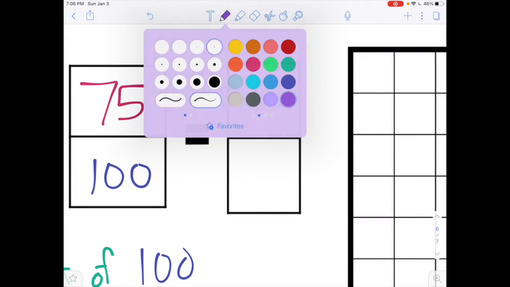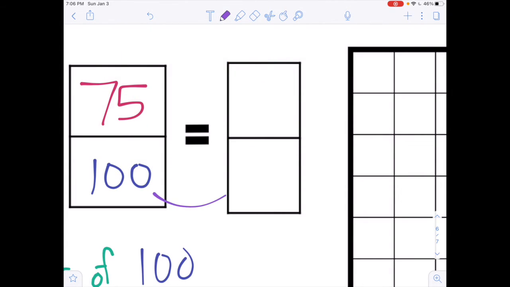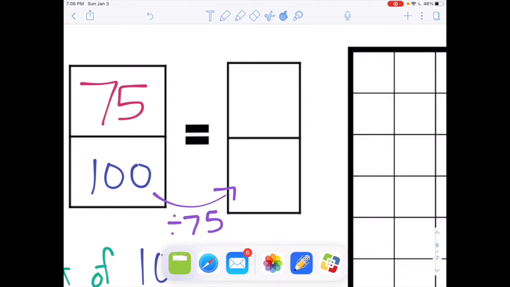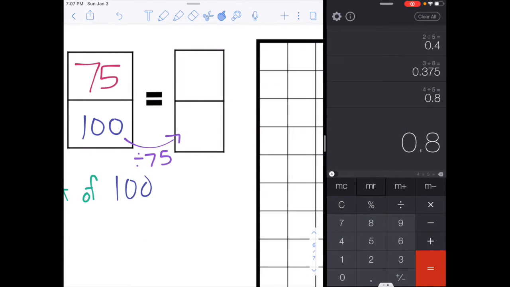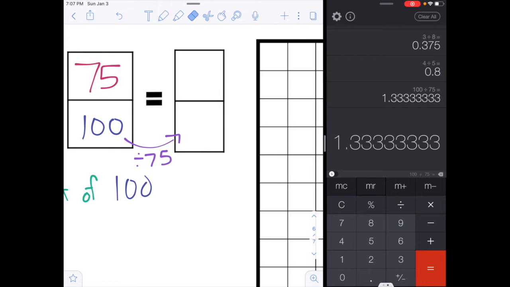So I don't think that 100 divided by 75 is a whole number. Let's see if my calculator is still here. Pull up my calculator. See, you can do this when you're working in class as well. It's pretty quick and easy. All right, so I'm going to try that. 100 divided by 75. Oh, it gives me a decimal, so that doesn't work. So I can't divide by 75, but I want to try that first.